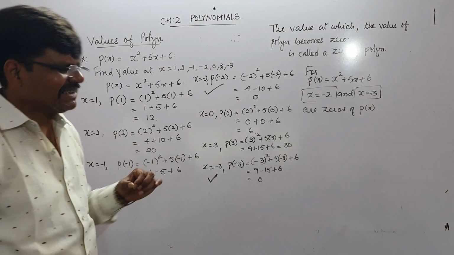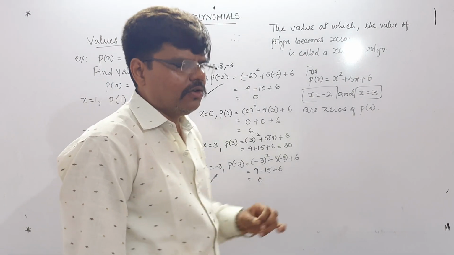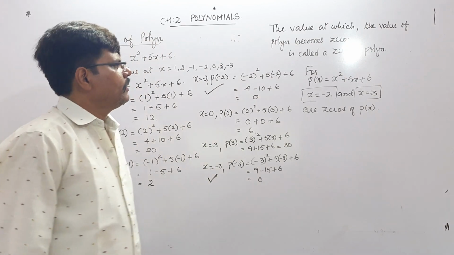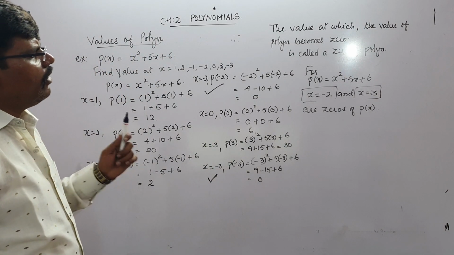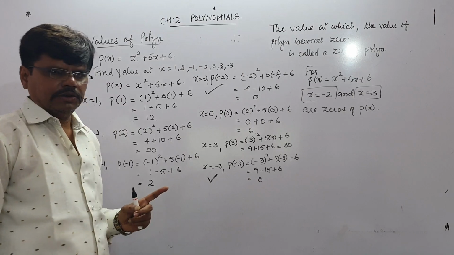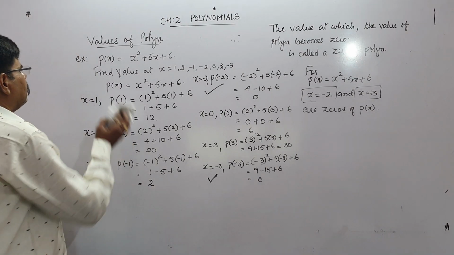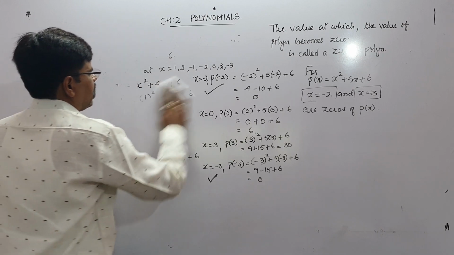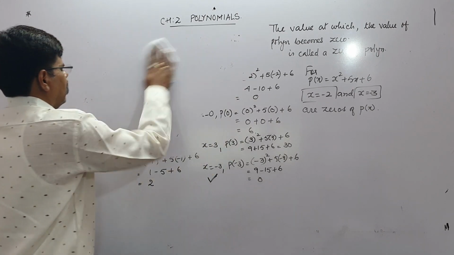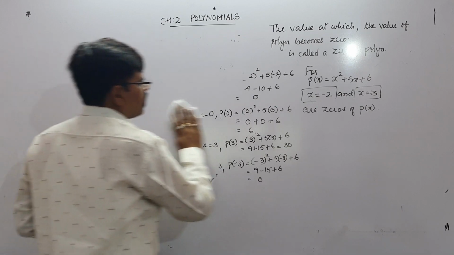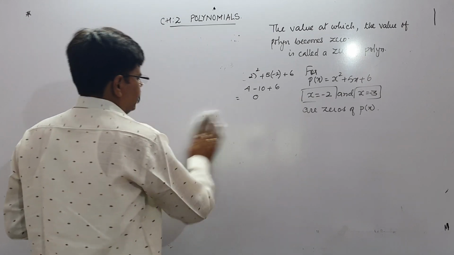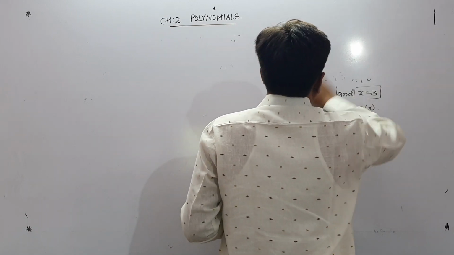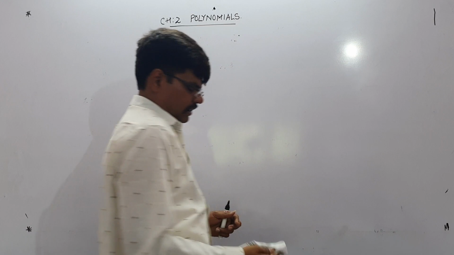Now we will talk something about the zeros of a polynomial. Now you have already understood what zeros are. We are going to discuss the zeros of the polynomial. In 9th standard, we are going to study only 3 different kinds of polynomials: linear polynomial, quadratic polynomial, as well as cubic polynomial.